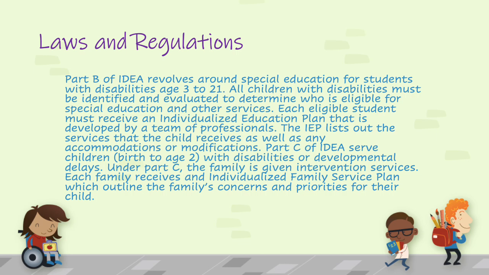The eligible students must receive an individualized education plan. This is developed by a team of professionals. The IEP lists out the accommodations and modifications, as well as services a child will receive.